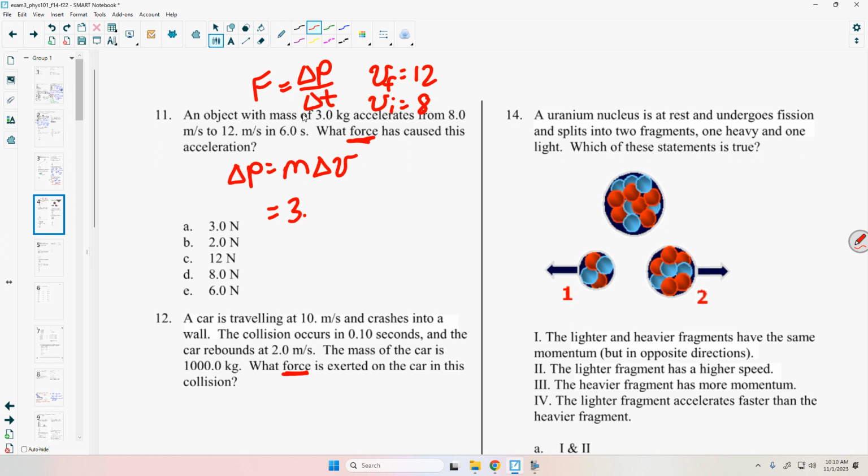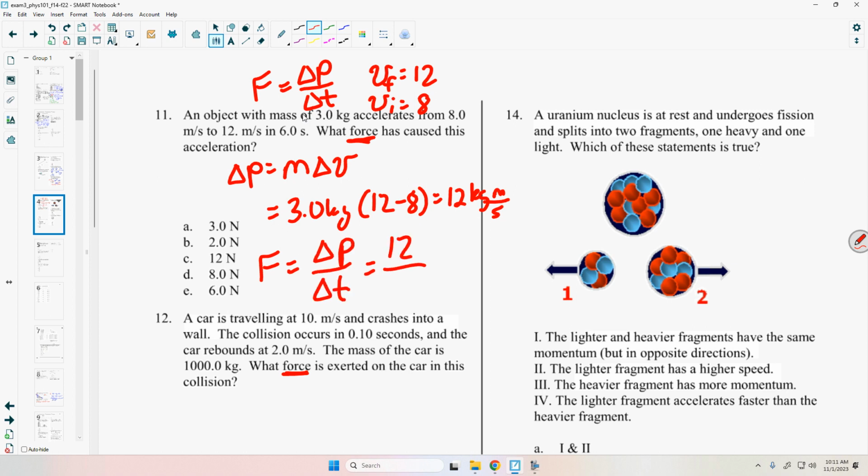The mass is 3 kilograms. So 3 times 4 is equal to 12 kilogram meters per second. That's just my change in momentum. But if I want to know the force, that's going to be delta P over delta T, which is 12 divided by the time that it requires, which is 6 seconds, which is going to be 2 newtons.